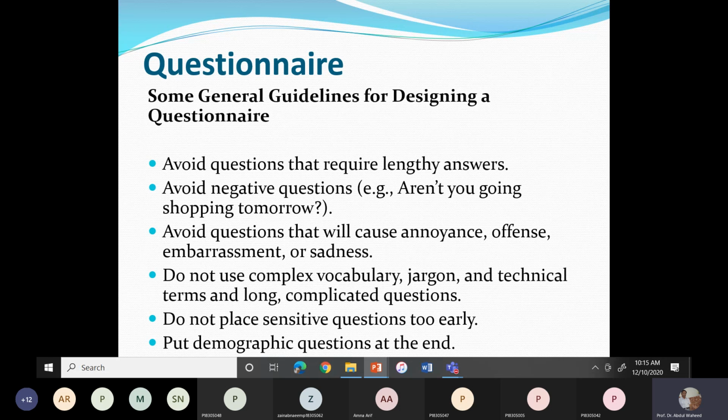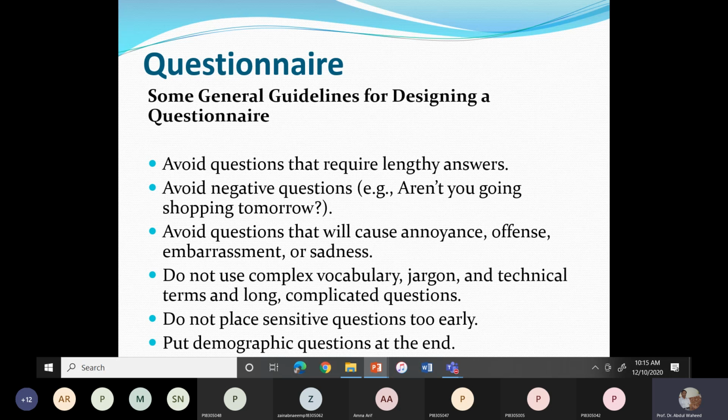If it is in a foreign language, maybe the local people cannot give their answer in a foreign language. So we prefer that your questionnaire should be in the local language, and we have to avoid complicated questions.